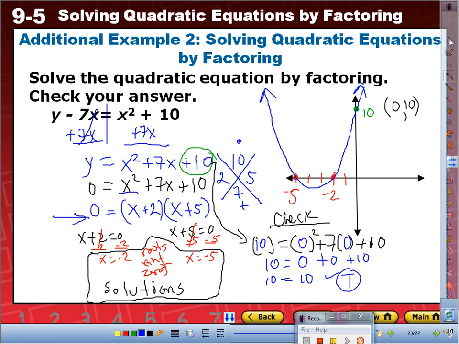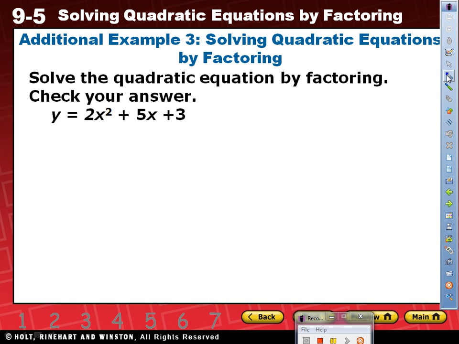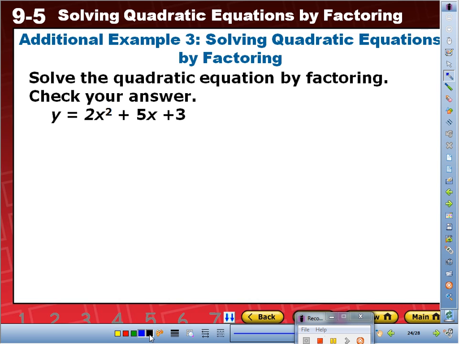Okay. Example number 3. Copy this one. Example number 3 says, solve the quadratic equation by factoring. Check your answer. And we have y equals 2x squared plus 5x plus 3. Okay, so step 1, solve for y.